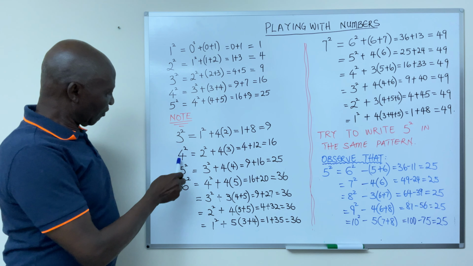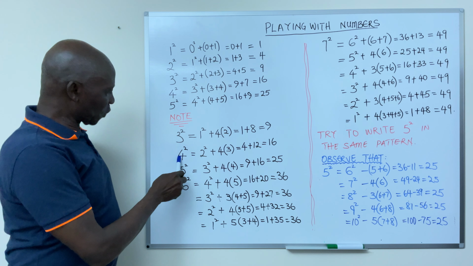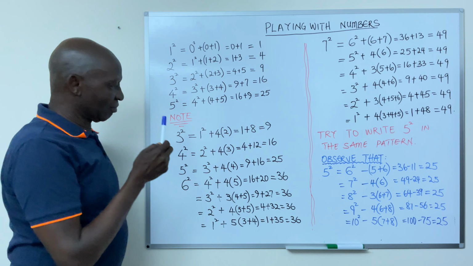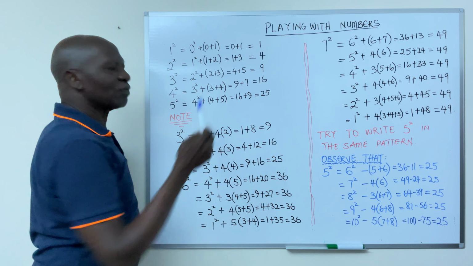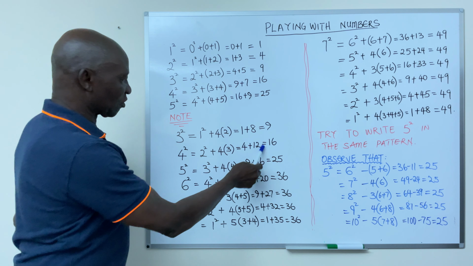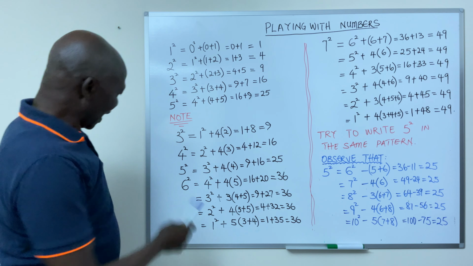That is, 4 squared is equal to 2 squared plus 4 times the number in between 2 and 4, and that is 3. And we now have 4 plus 12. That makes 16.